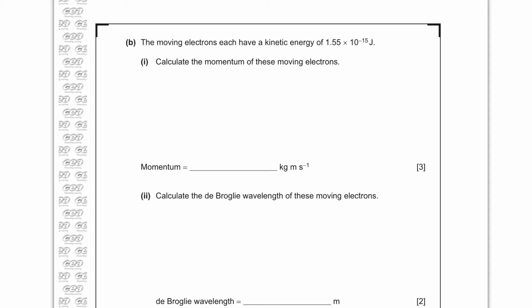The moving electrons each have a kinetic energy of 1.55 times 10 to the minus 15 joules. Calculate the momentum of these moving electrons. Well, momentum p equals mv, and we just said that v was the root of 2 times e times V over m. And since they've given us this figure, we could remind ourselves that that also equals eV.